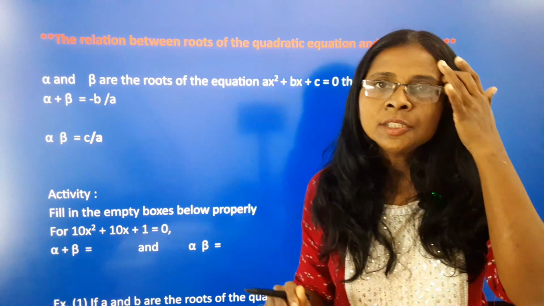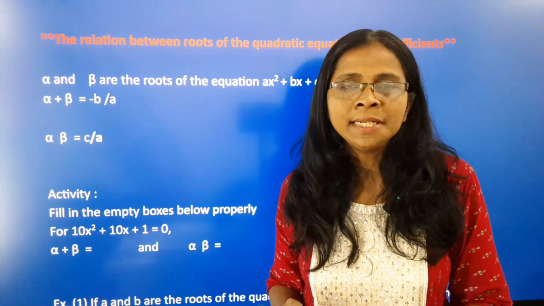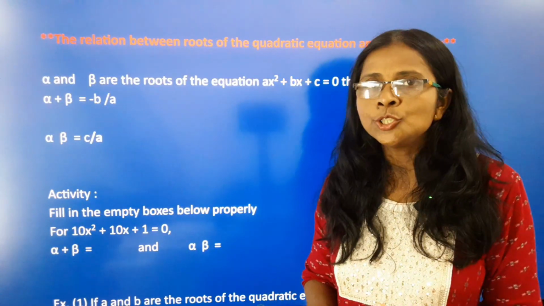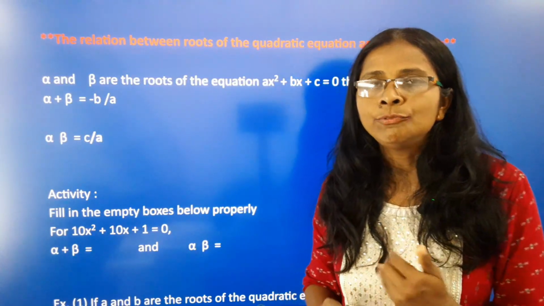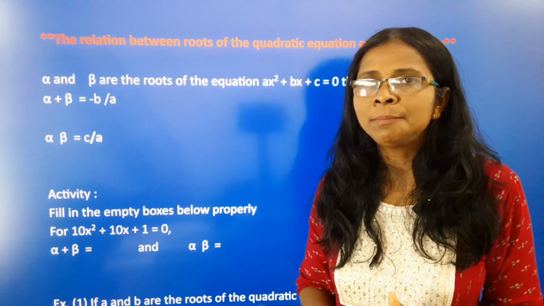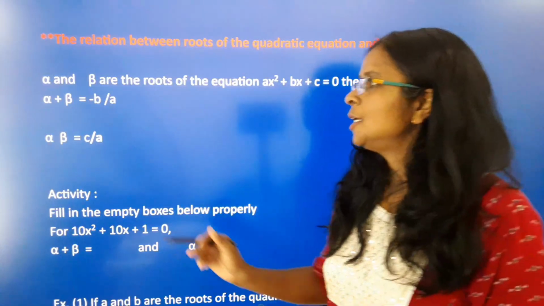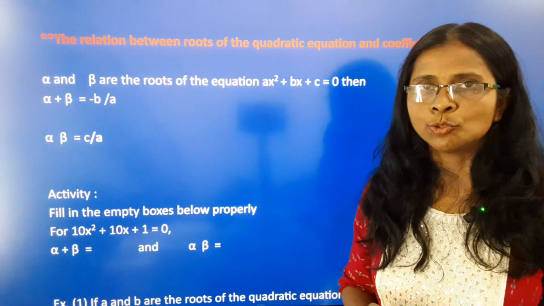There is a relationship between the roots and the coefficients. Here the roots are alpha and beta and the coefficients are a and b. So for the sum, the relationship is alpha plus beta is equal to minus b upon a. And for the product, the relationship is alpha beta is equal to c upon a, students.